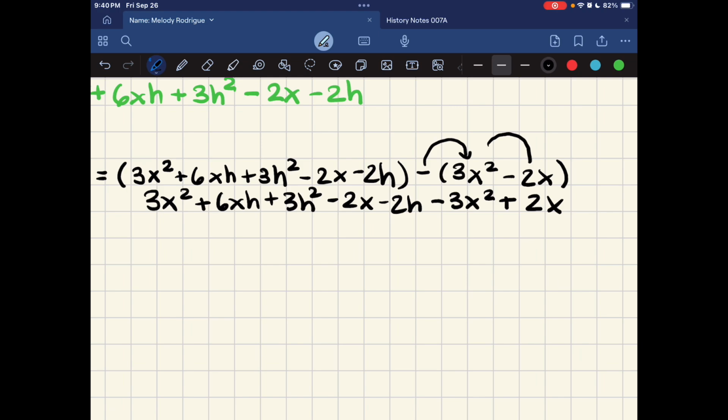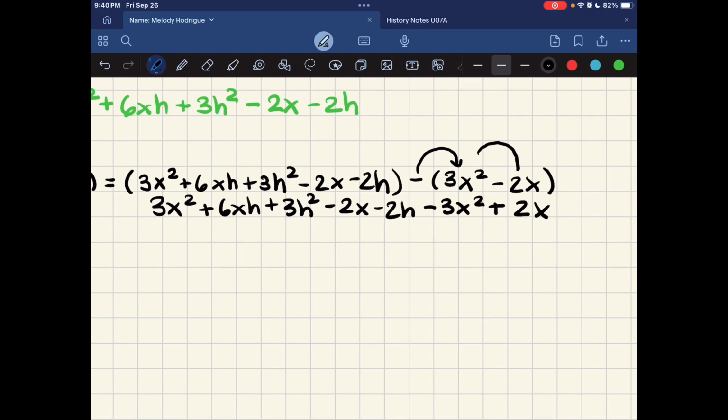And now we're just going to cancel like terms. So 3x squared minus 3x squared is going to cancel. And as you can tell, negative 2x plus 2x is just going to cancel. And what I mean by cancel is that they just add up to 0.